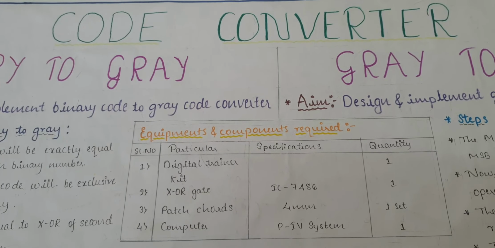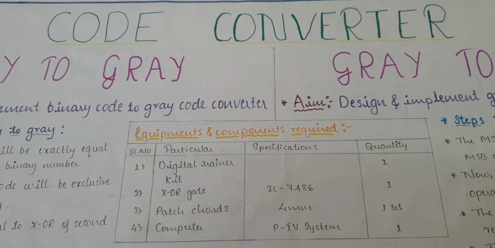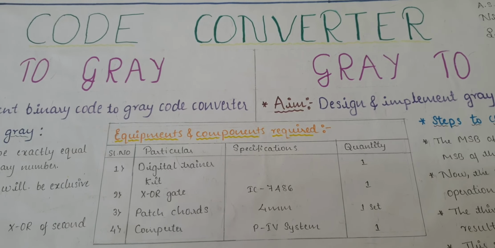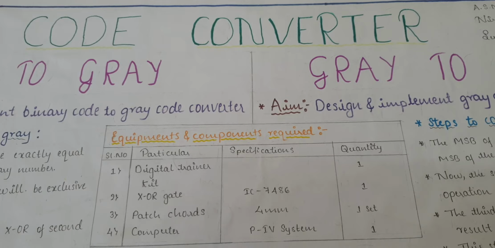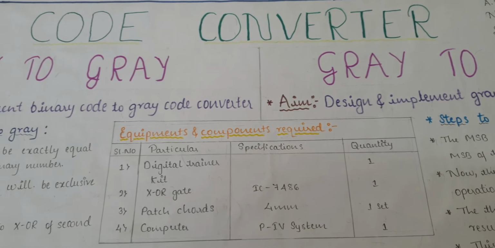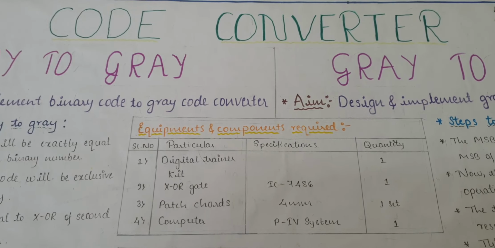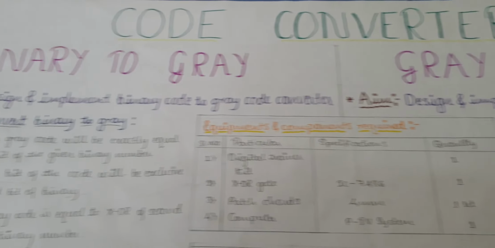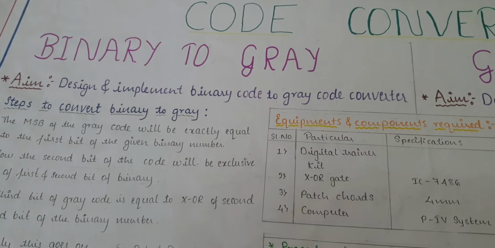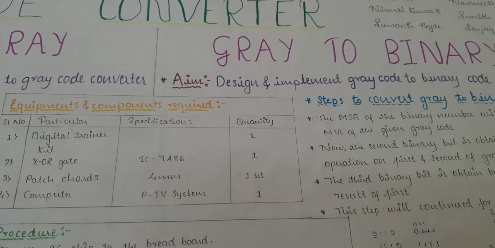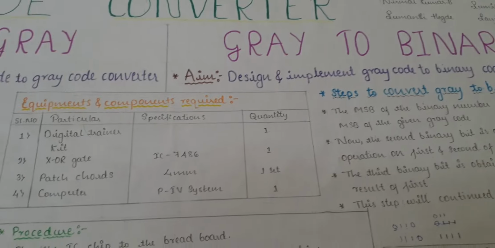A code converter is used when we want to send information which has to be encoded. We use the concept of encoders and decoders. This is where we use code converters. So let's see how to convert binary code to gray code and gray code to binary code.